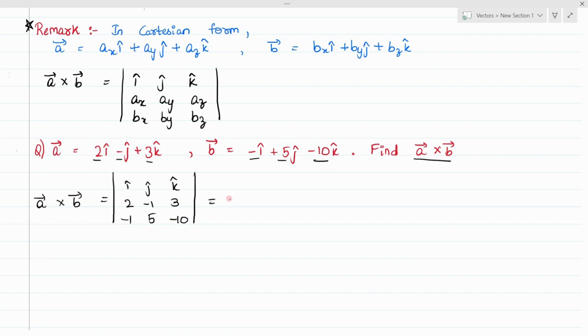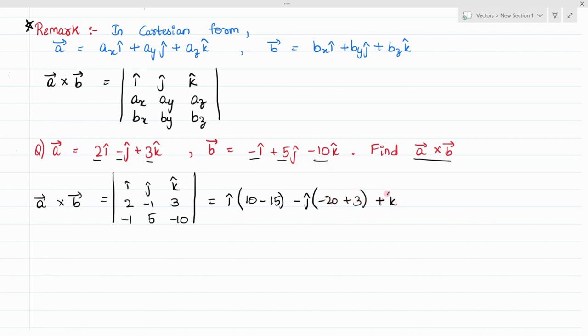How to take the determinant? Write i cap plus, hide its corresponding row and column, and just take the determinant of the remaining elements, that is 10 minus 15. Next it becomes minus j because we take alternate plus and minus. Now hide its corresponding row and column, multiply the remaining elements, that is minus 20 plus 3.